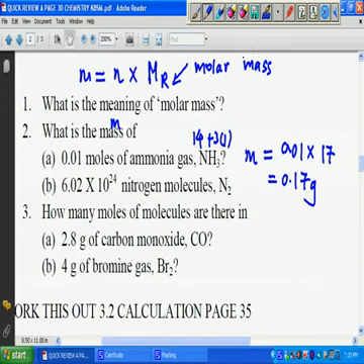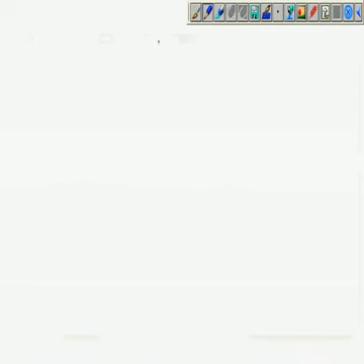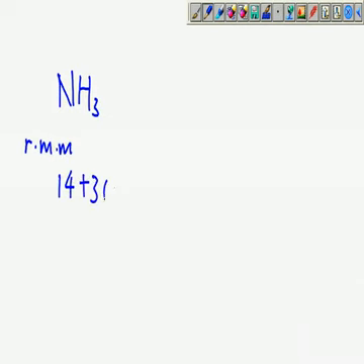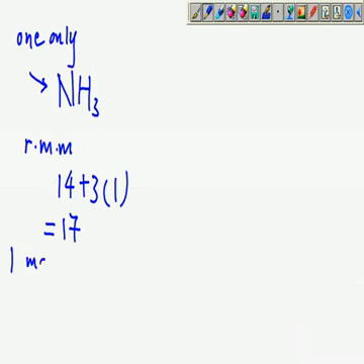Okay, I think we should use the whiteboard instead. So NH3, the relative molecular mass is 14 plus 3, so you have 17. But this is just one piece, one only. If I have 1 mole of this, I definitely would have 17 grams. Alright?